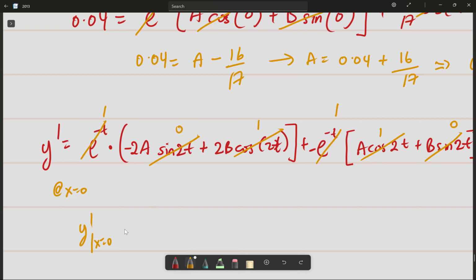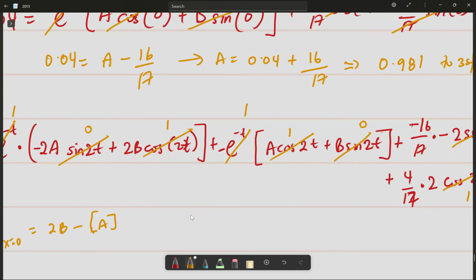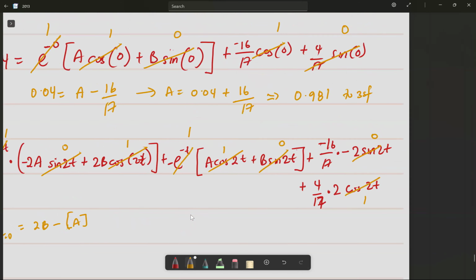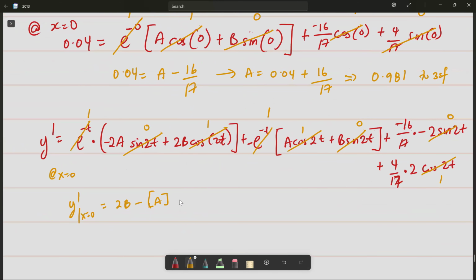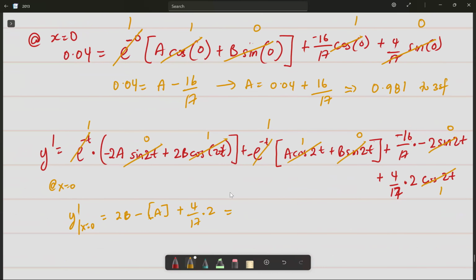Is going to be equal to 2b, this part that is, minus A, plus 4/17 times 2. And that should be equal to what they told us it's equal to, which is 0. Okay, 0.